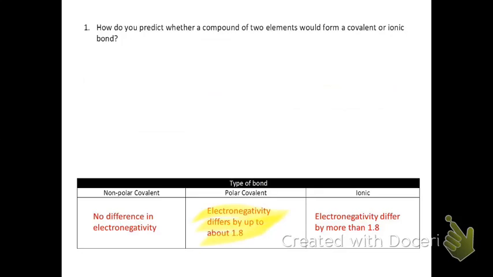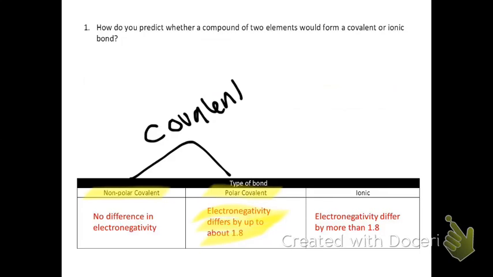All right? So there are two types of covalent bonds that we're going to look at in future lectures here. And those are nonpolar covalent and polar covalent. So as long as the electronegativity difference is 1.8 or less, the bond is going to be covalent. Now, if the electronegativity values have no difference, then it's going to be a nonpolar covalent bond.